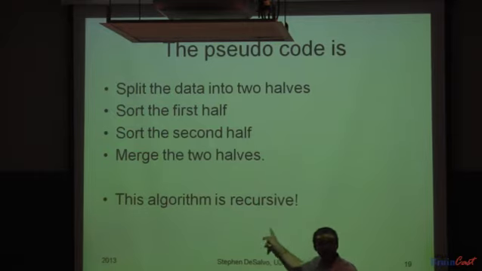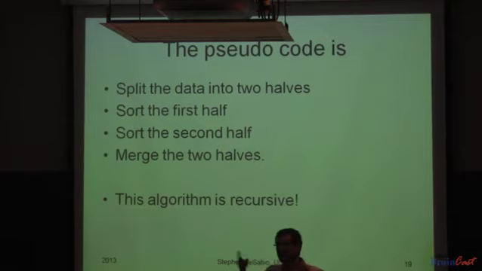Yeah, recursion. In order to solve the sorting problem on exactly n elements, we assume we can solve the problem on n divided by 2 elements. That's certainly smaller than n. Then we piece them together.